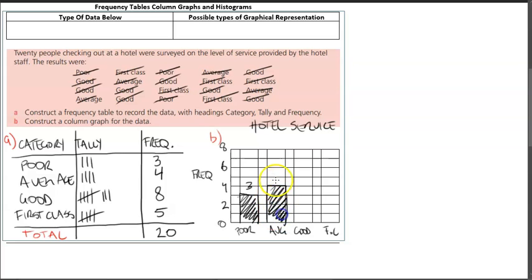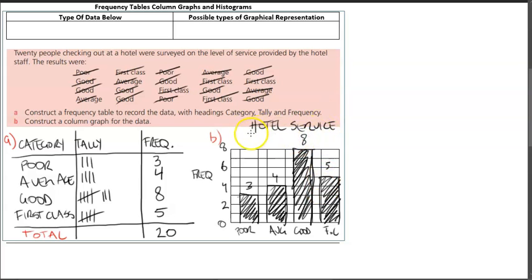Color in 8 for good, which is the greatest amount. And then the last one is 5. 1, 2, 3, 4, 5. We'll color that one in. If you want to color it in different colors, you're more than welcome to.